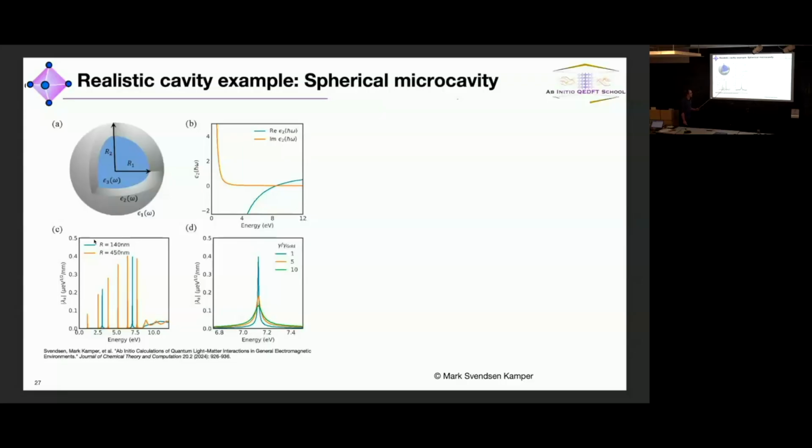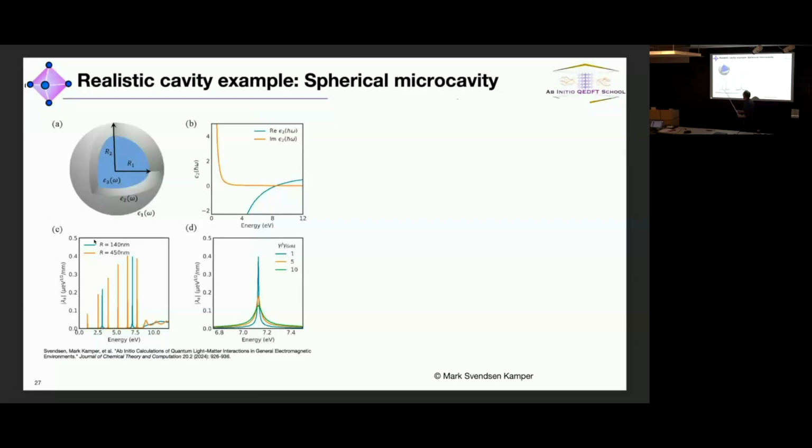And then if we look more closely at each of these modes, we see that they are actually not perfectly sharp, because the system can be lossy, with epsilon 2 and epsilon 3. So the peak is not infinitely sharp, as I was discussing here, but is intrinsically broadened.